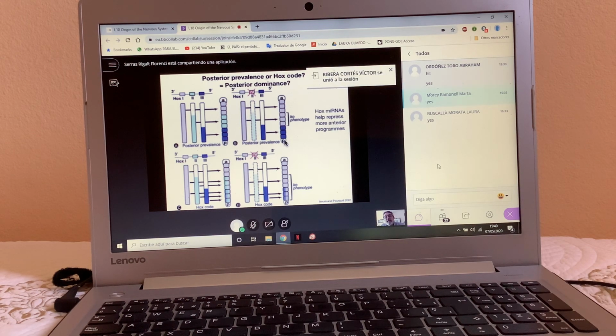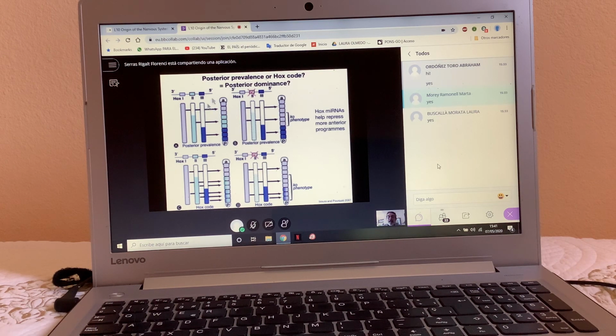But here, the phenotype is going to be exactly the same as in the wild type, because blue is dominant over green and gray, and green is not there. Blue is expressed normally. So what we are going to get here is an embryo in which those posterior segments are going to be blue. Those central segments are going to have the same phenotype as the anterior ones.